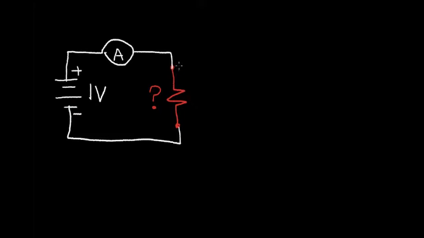And I'm going to take my voltmeter and put it directly across the terminals of the resistor. We'll call this V for voltmeter. And I'm going to take a series of readings.